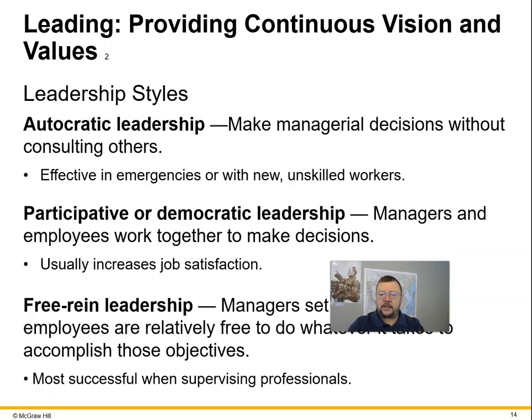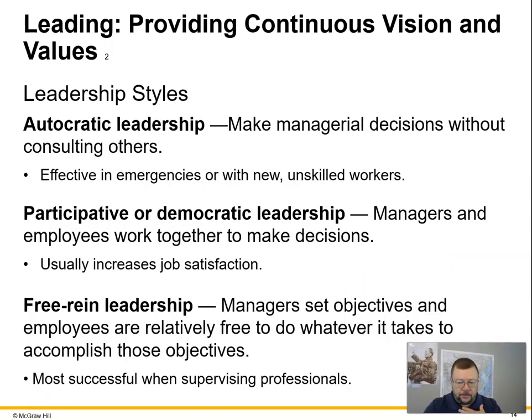Next, talking about leadership. There's a theory called contingency, which says that you need different leadership styles in different situations. In other words, leadership style is contingent on the situation. Some of the different leadership styles that have been identified are autocratic, the autocrat, the dictator, who makes management decisions without consulting others.